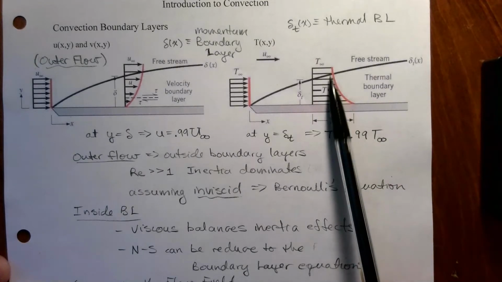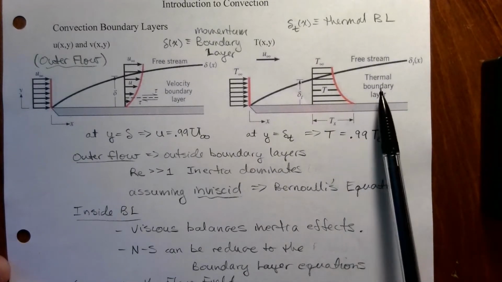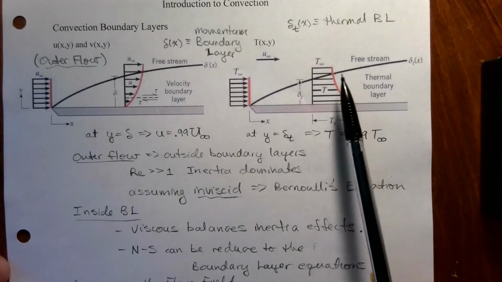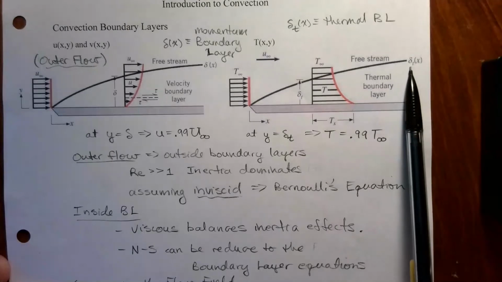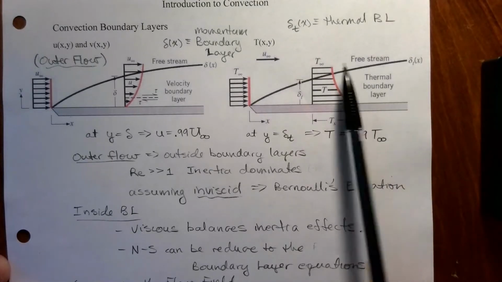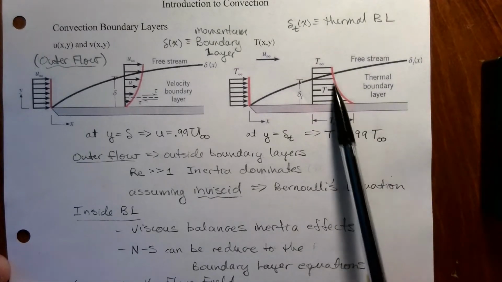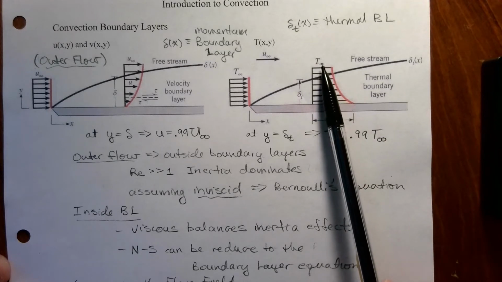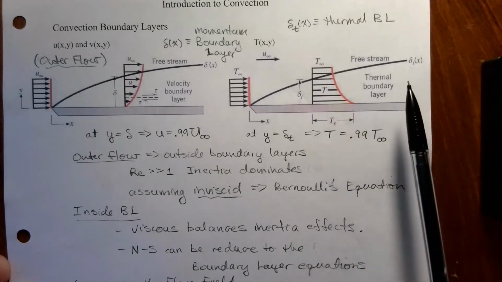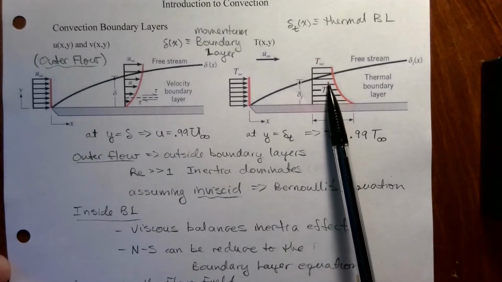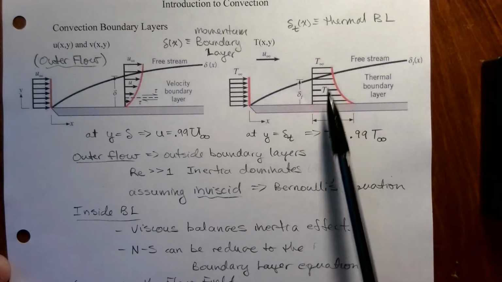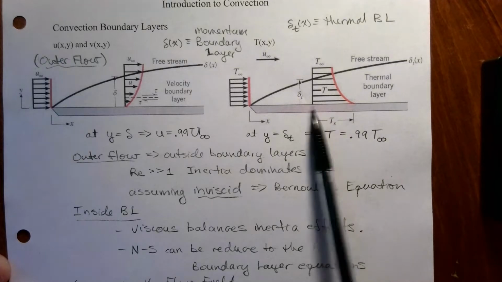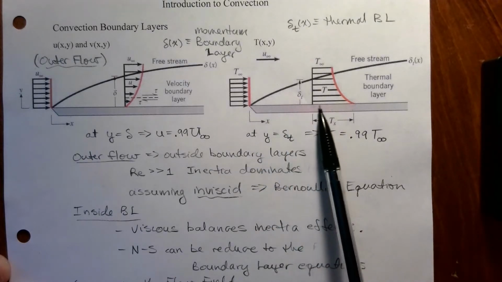So there's a transition between those two that occurs over a thermal boundary layer. We call that delta sub T for the thermal boundary layer. At the edge of the thermal boundary layer, T is equal to 0.99 of T ambient. So this is a profile of the temperature as it varies in the y direction at this particular x location. So x is the distance from the leading edge.